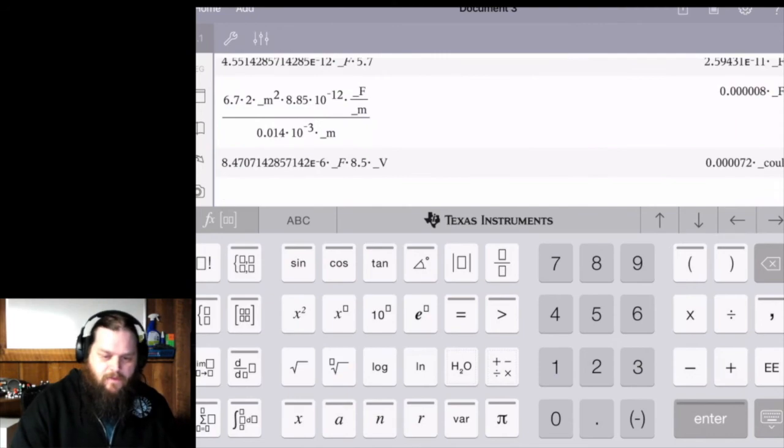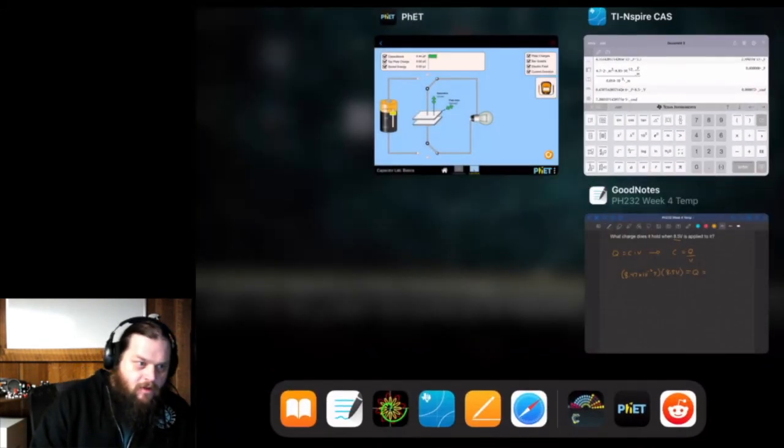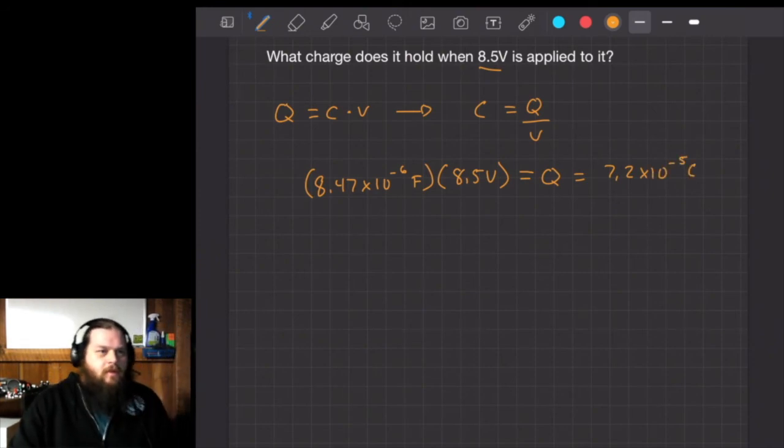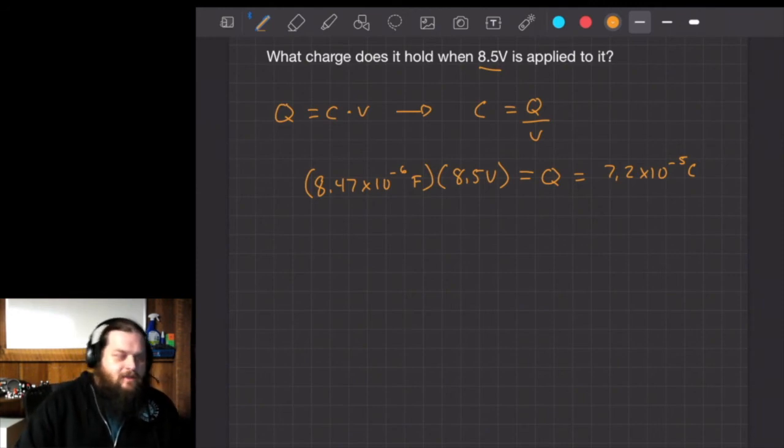And we're at 7.2 times 10 to the negative 5 coulombs. And that is the charge that's on there.